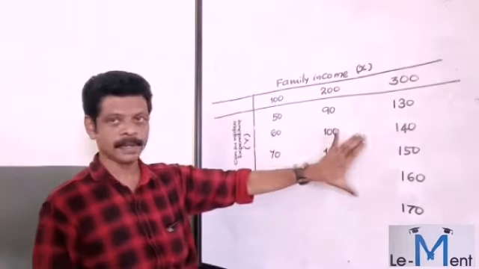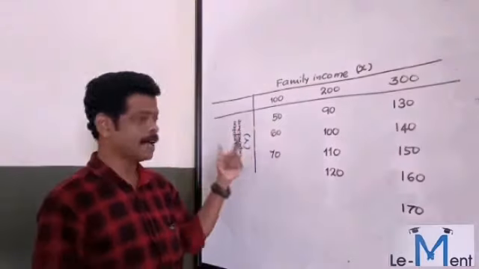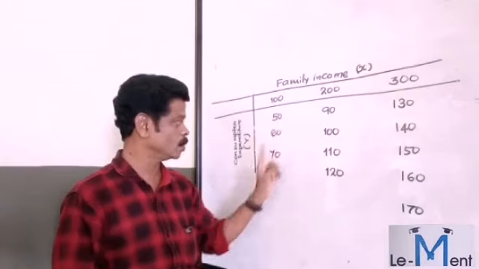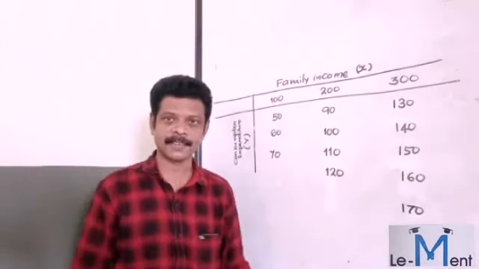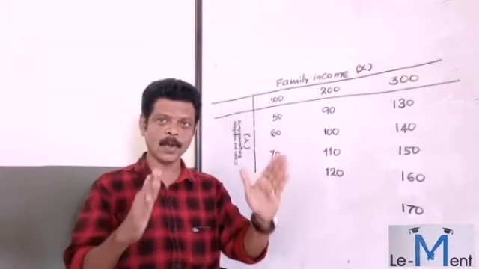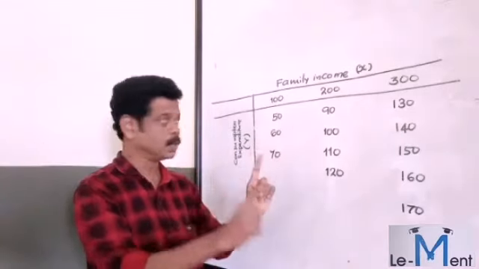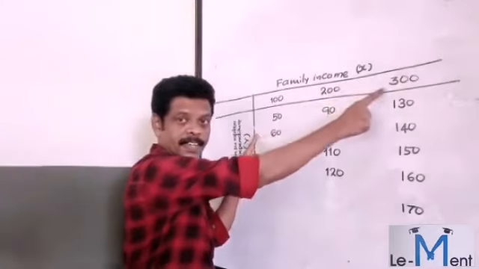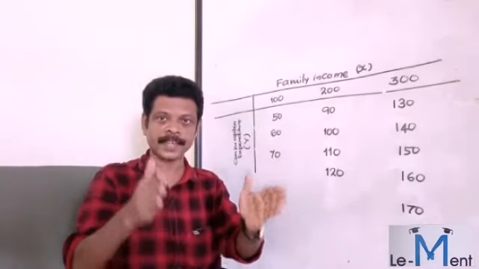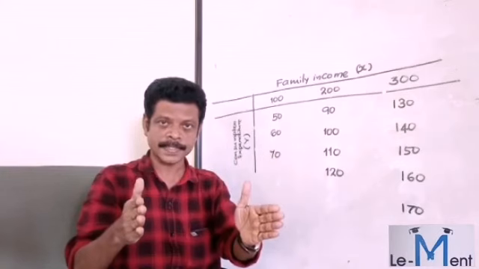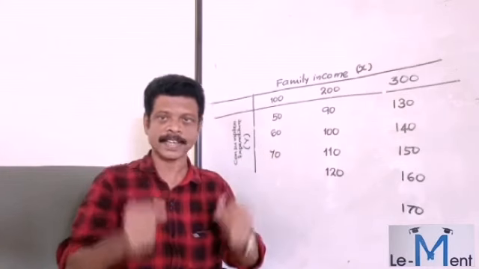In this table, the family income and expenditures of 12 families are given. These 12 families are grouped into 3 different income groups. Under each income group, there are certain families having different expenditures.